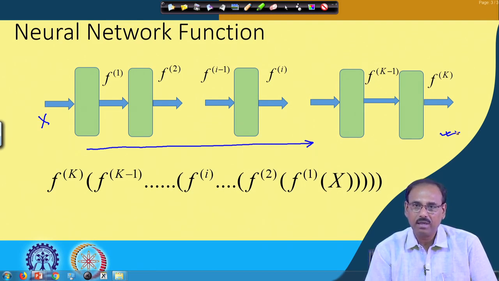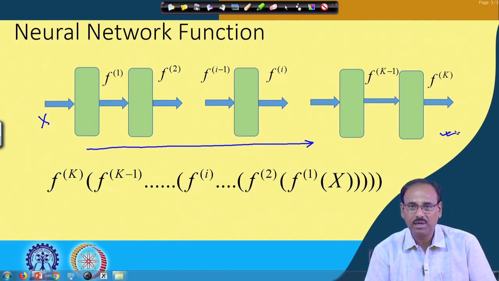So that is why the learning algorithm is known as back propagation learning. So our neural network is a feed forward neural network, but the learning algorithm is a back propagation learning algorithm.